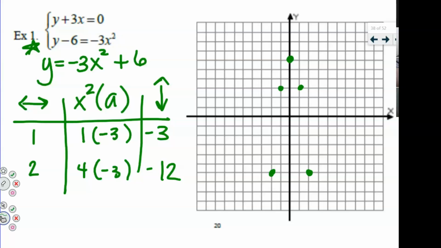Any questions on how I got these points? And the best that you can, try to draw a very pretty parabola. I know yours looks way better.